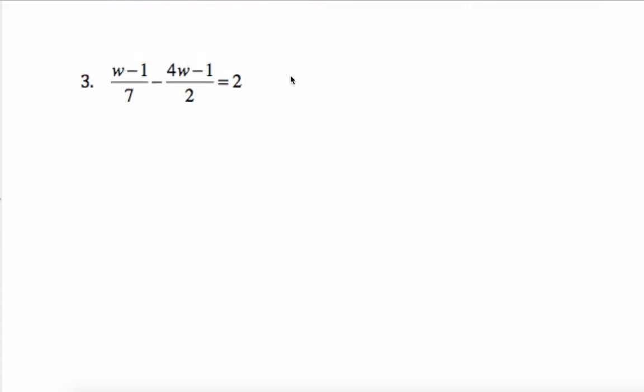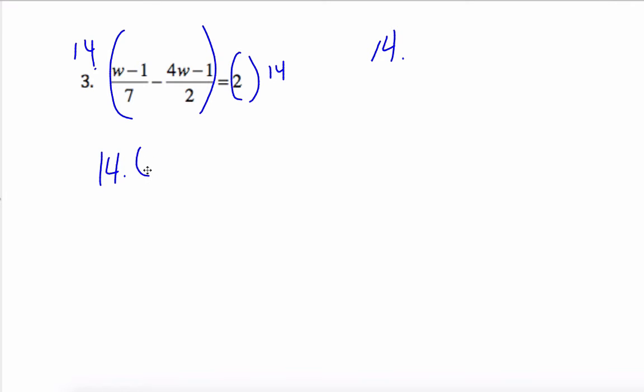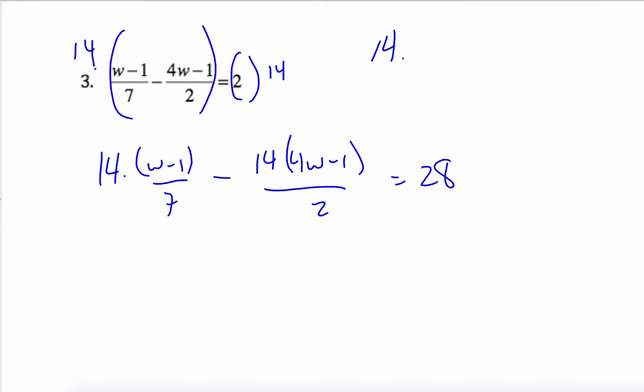In this problem, my common denominator, I have a 7, a 2, and a 1. My common denominator is going to be 14. So this side gets multiplied by 14, and this side by 14. Each term gets multiplied by 14, minus 14 over w minus 1 over 2 is equal to, well, 28.